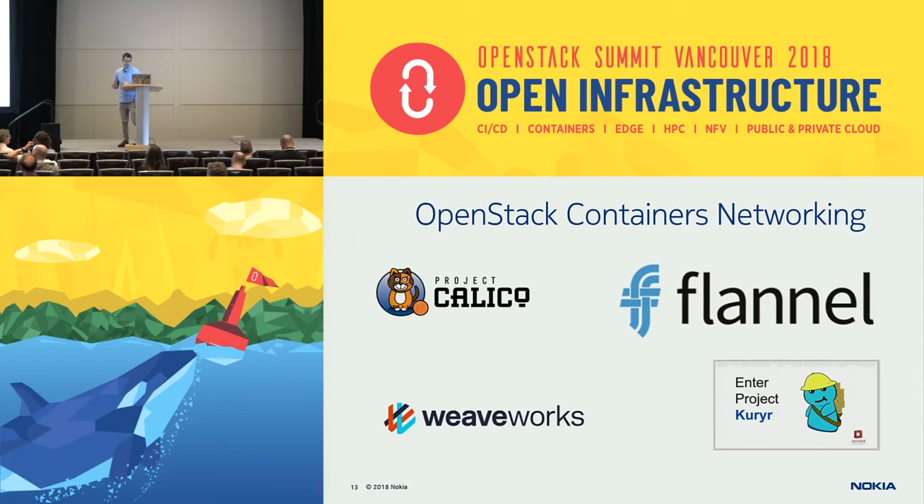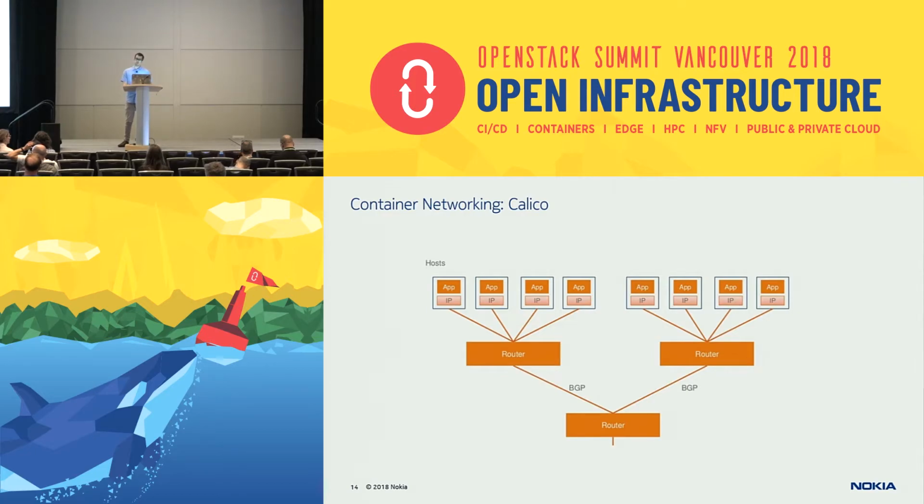The difference between Flannel and Calico is that Flannel works with encapsulation, which means layer 2 on top of layer 4. The performance of Calico is much better than Flannel because Calico works like layer 3 connectivity, which means that every host, whether it's a virtual machine or bare metal, acts like a router.